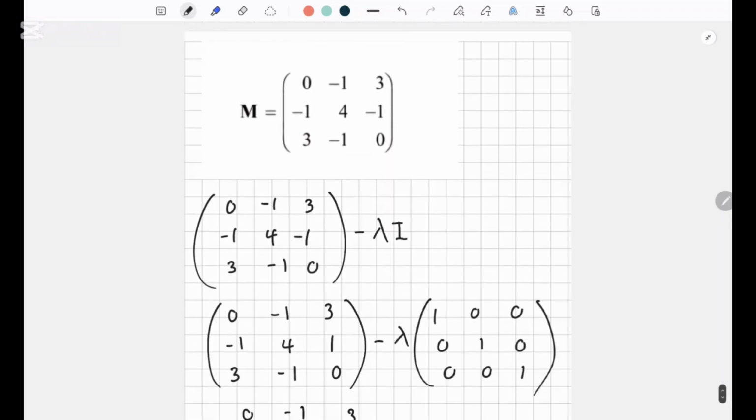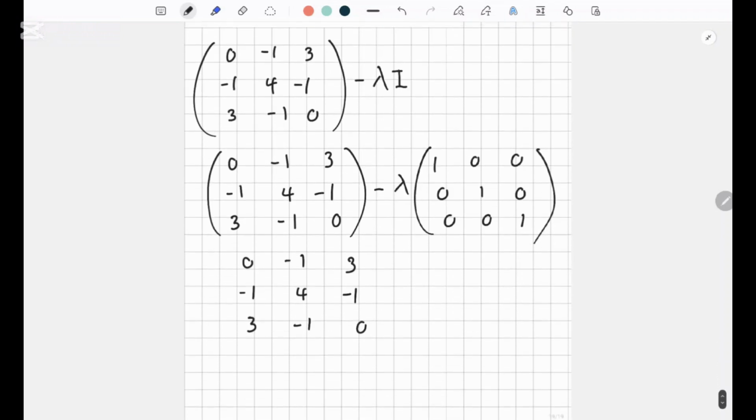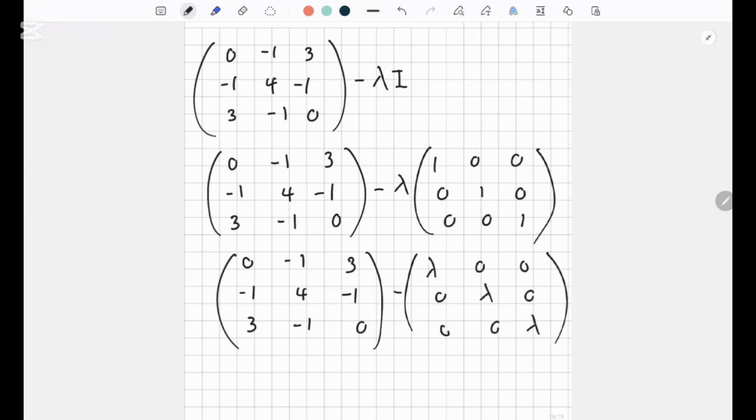Sorry, this is minus 1, 2. Minus lambda 0, 0, 0, lambda 0, 0, 0, lambda. Then just multiply. I took lambda inside.